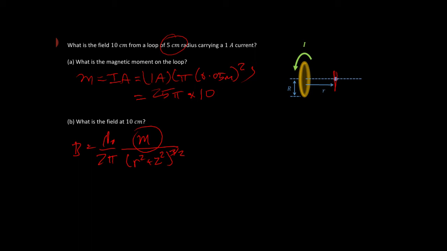Times amps times meters squared, which is what we have, and that's about 78.5 times 10 to the minus 4 amps meters squared.